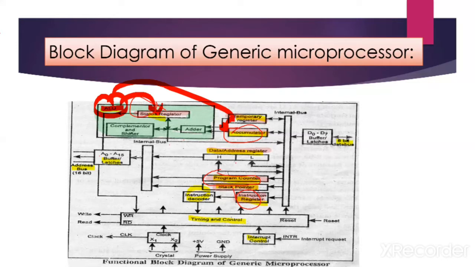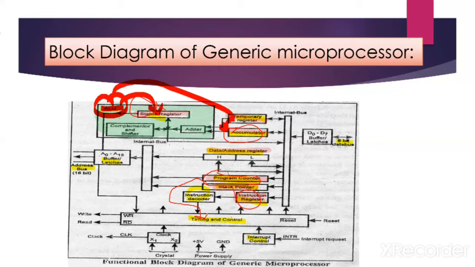It can be incremented or reset by the control section. Next is stack pointer. It is also a 16-bit register consisting of the address of a memory location called stack. Stack is a read or write memory used for temporary storage.